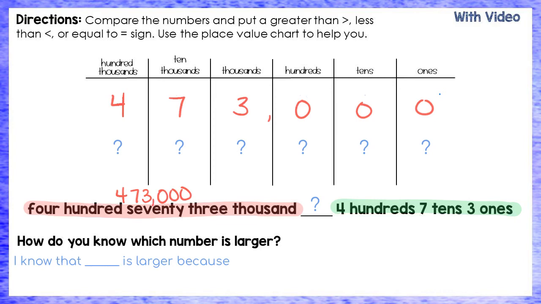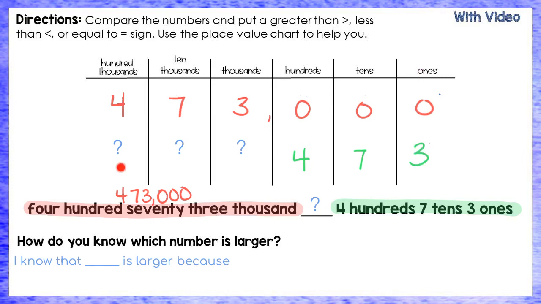Now, in green over here, we have 4 hundreds, 7 tens, and 3 ones. So our 4 goes in the hundreds place. Then 7 tens. So in the tens place, we're going to put 7. And in the ones place, we're going to put 3 ones.